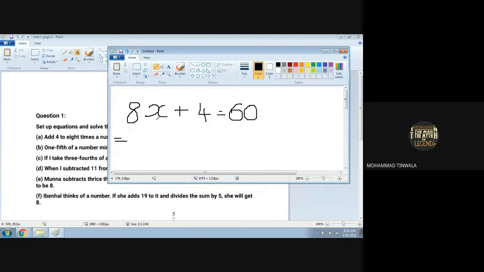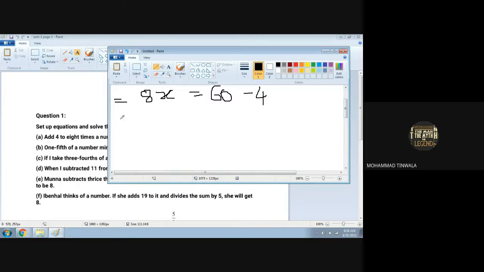Solve means what? Unknown number is x. So we have to solve that. 8x as it is equal to 60 as it is. This plus 4 shifted towards right side, so it will be minus 4. So 8x, 60 minus 4 is what? 56. Now we have to find the value of x.